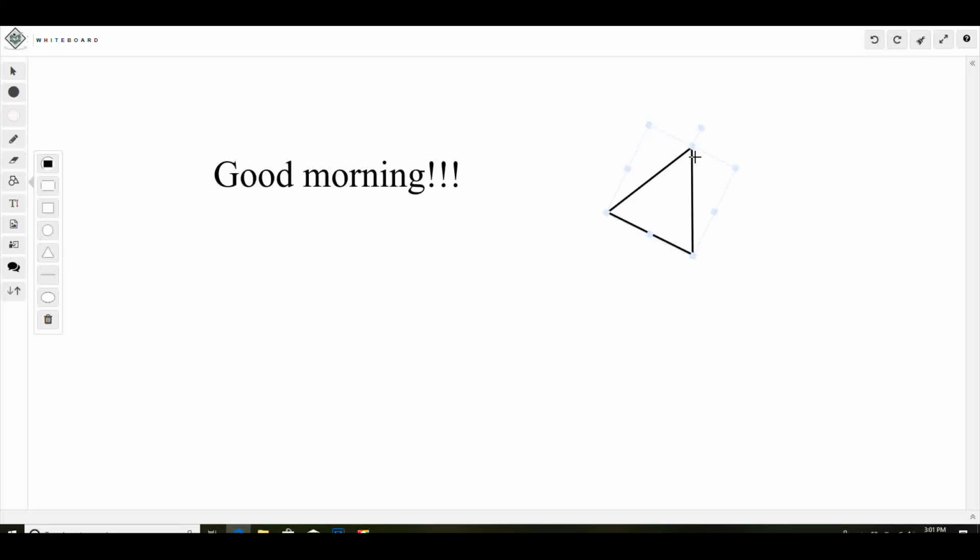I'm trying to figure out a good way to show you this, because every single triangle is actually half of a rectangle.